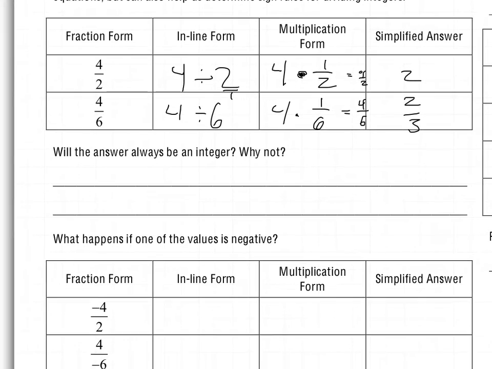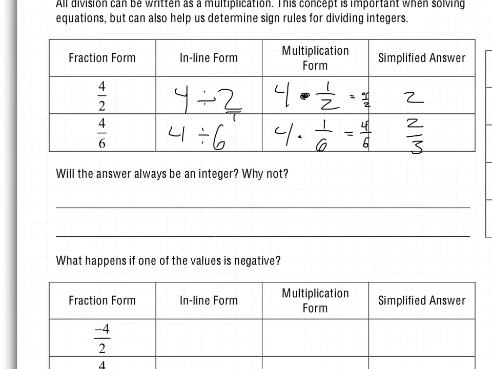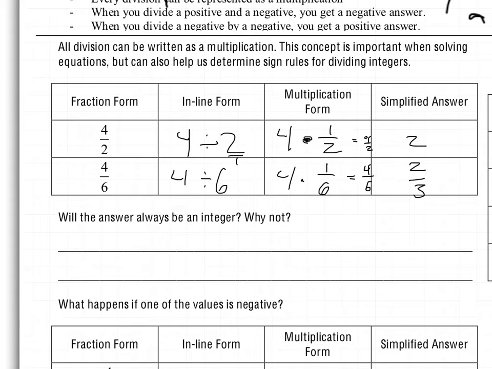So the question here is, will the answer to a division of integers always be an integer? Think through that, write down a quick answer. So the answer that you should have there is no. That's just because when we look at this example here, we can see that an integer divided by an integer is not always going to come out evenly.